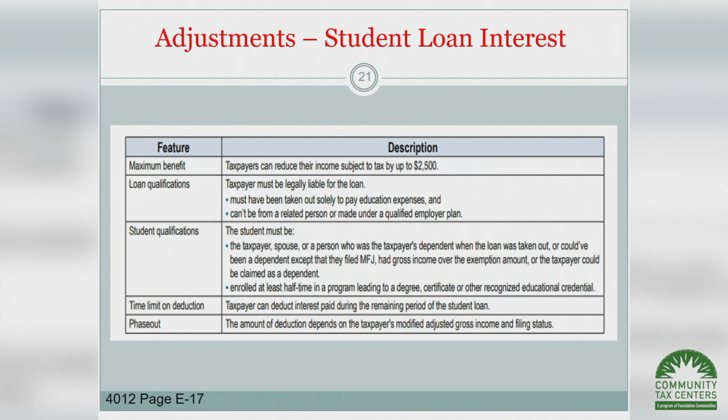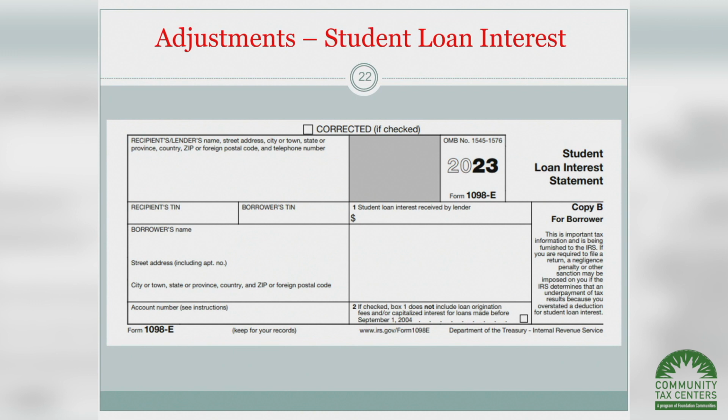So if your income is high enough that you can't take the expense, TaxSlayer identifies that and you won't get it. That happened to me. Okay, but they will get a form from their borrower, and it's a Form 1098-E. So that's what the taxpayer would bring in.